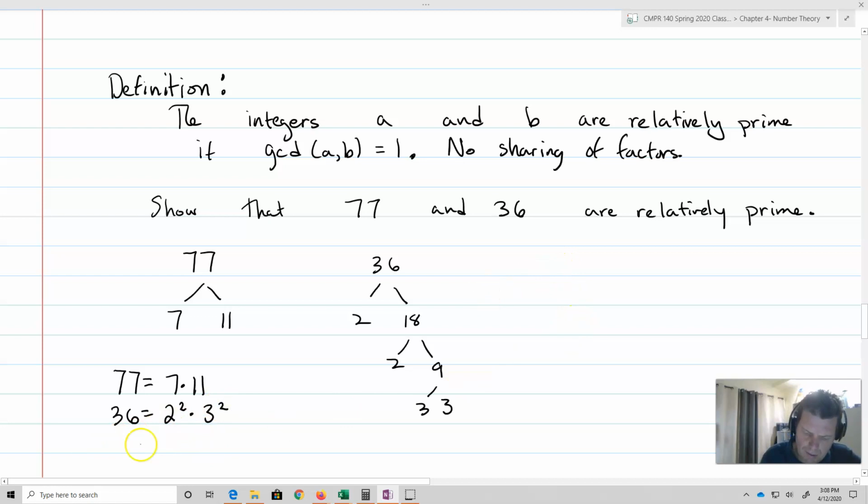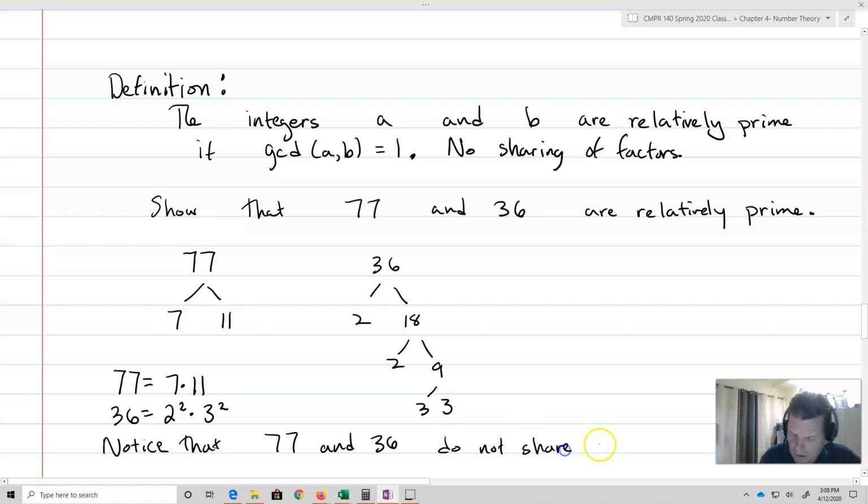Notice, right, that 77 and 36 do not share any factors. So their GCD, their greatest common divisor, is 1.